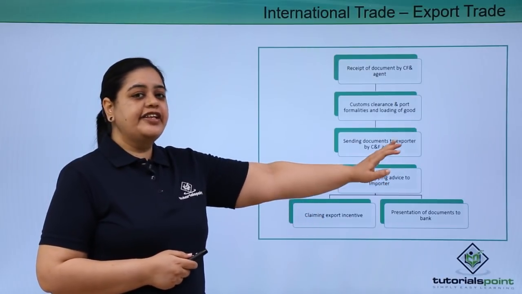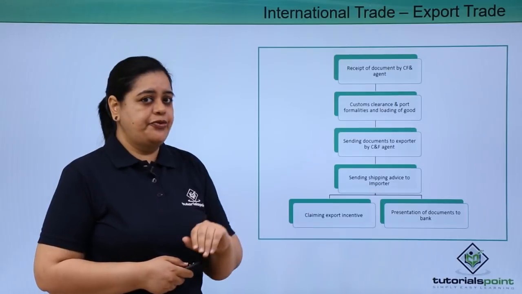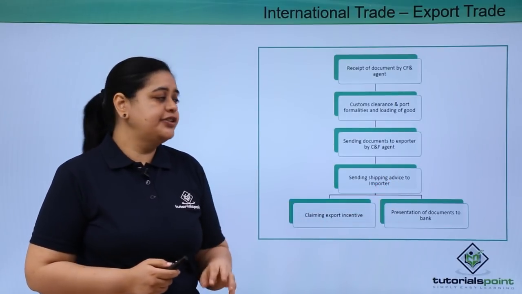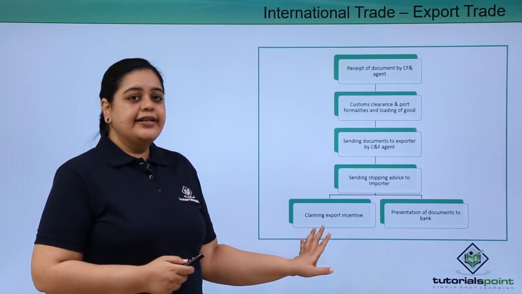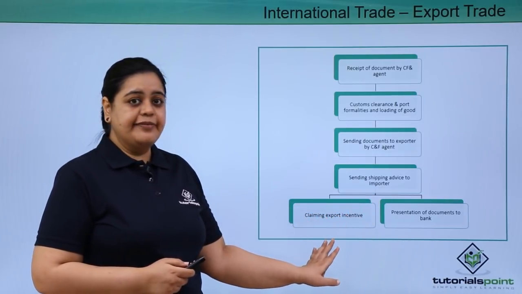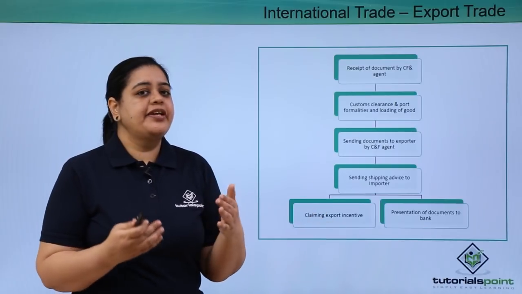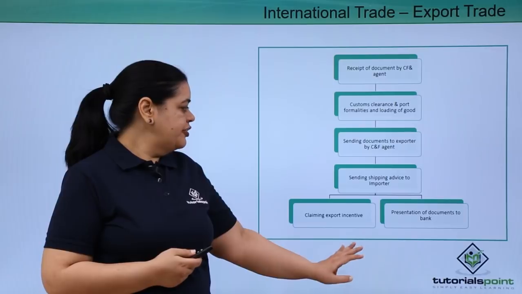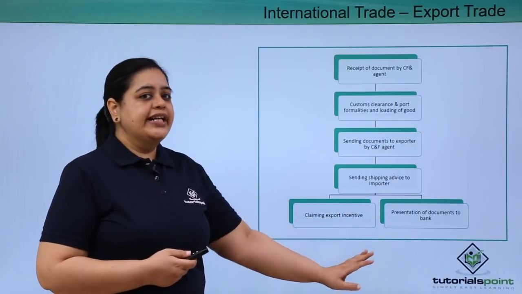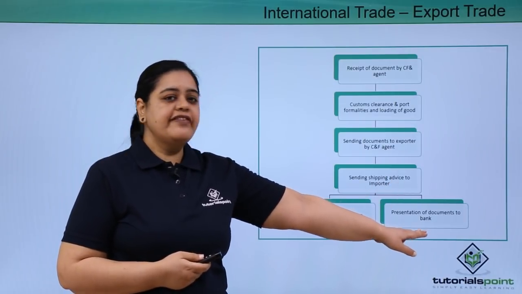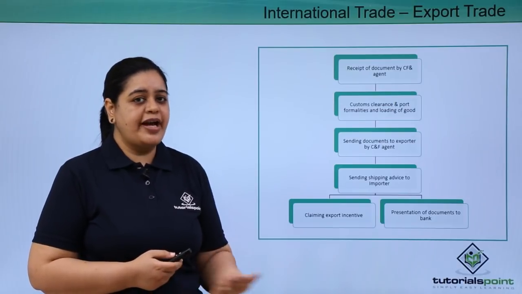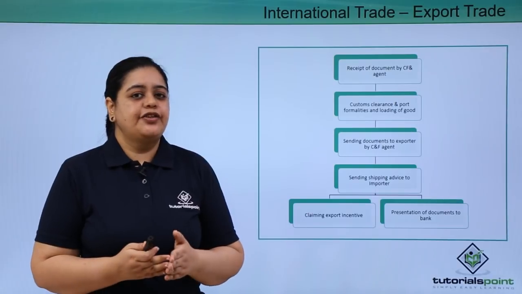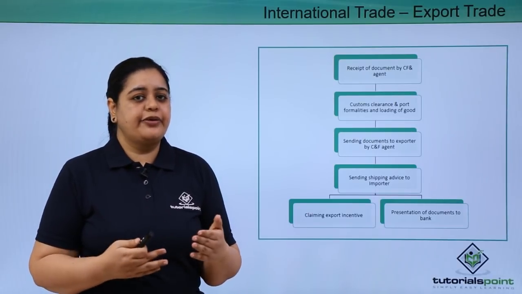After that, the CNF agent will send the documents to the exporter and the exporter will send the shipping advice to the importer, and then the exporter can claim the export incentive. Sometimes your goods get that export incentive which I explained earlier. The exporter will also present the documents to the bank for getting the requisite money.